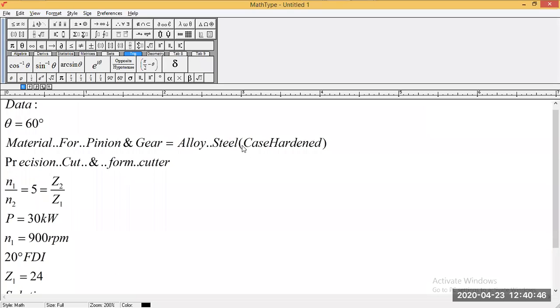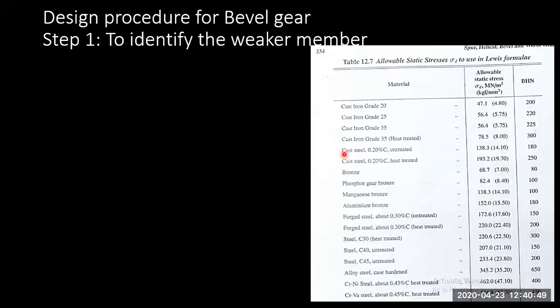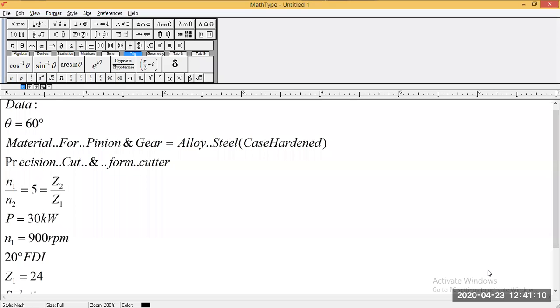Material was alloy steel, case hardened. Do we have alloy steel, case hardened? Oh yeah, we have alloy steel, case hardened. So we have that alloy steel, which is case hardened. The value is 345.2. Allowable stress is 345.2. Let's note this value.